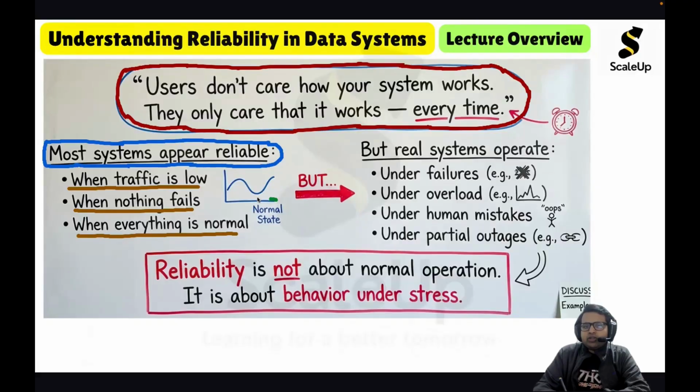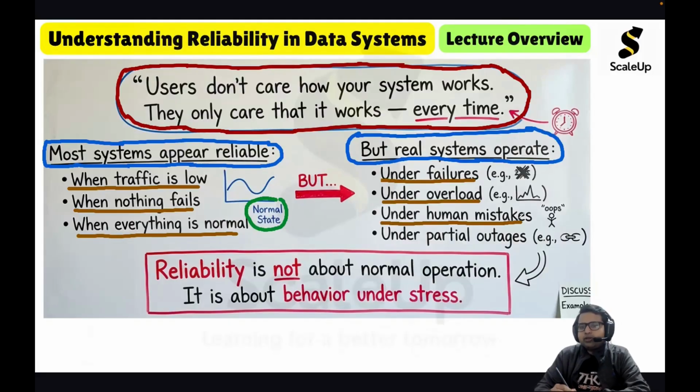In the normal state, the system may appear reliable, but real systems operate under very rigorous conditions. They operate under failures, under overload, under human mistakes, where humans can make mistakes while operating the system, and under partial outages.